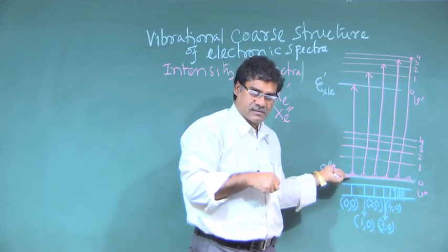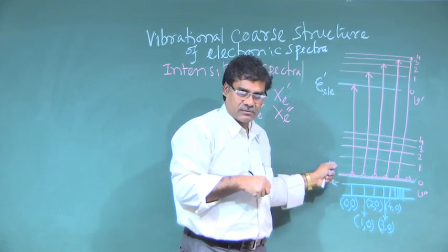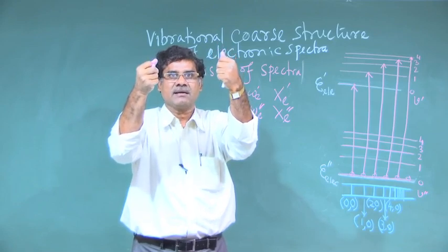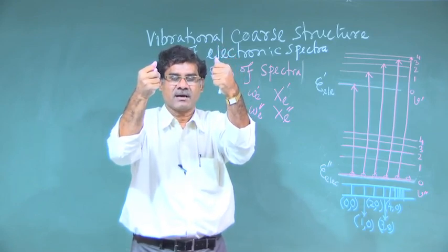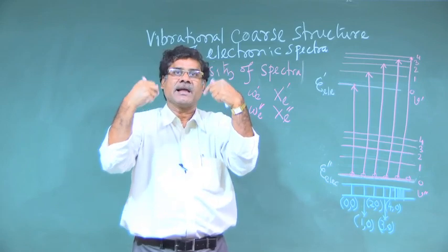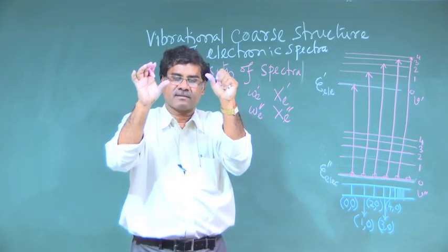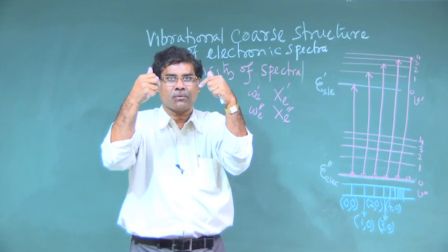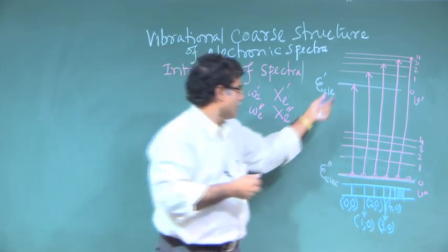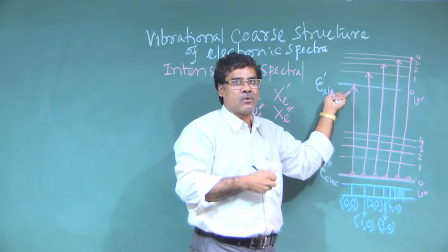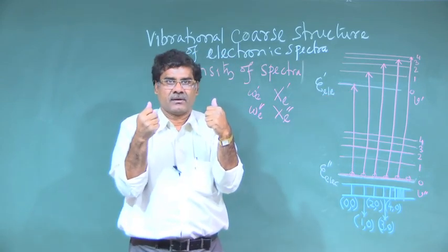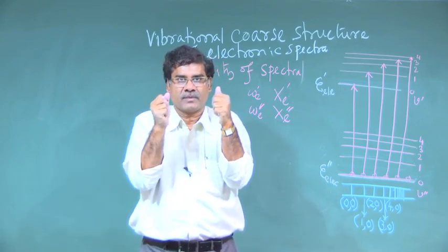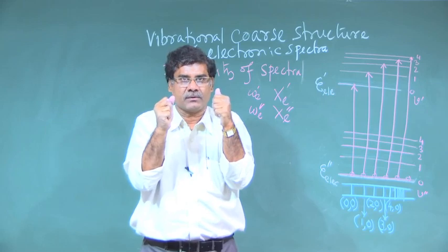In this electronic state, electronic double dash, from here it is going to another electronic state, E electronic dash. Now, when it is going to E electronic dash, what will be the vibrational state in this electronic state? What will be the separation of these two atoms in the molecule, okay.